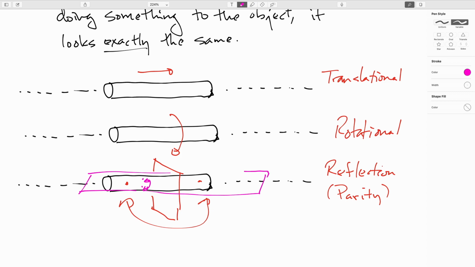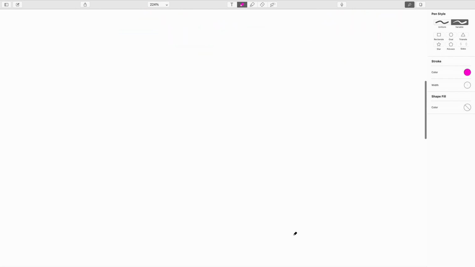So what this allows us to do is, if after we do some sort of symmetry operation on an object, and it looks like itself, it better be the case, say if we're thinking about an electric field from a charge distribution, that the electric field would have to look the same too. So as an example of that, let's imagine our infinite rod of charge one more time.